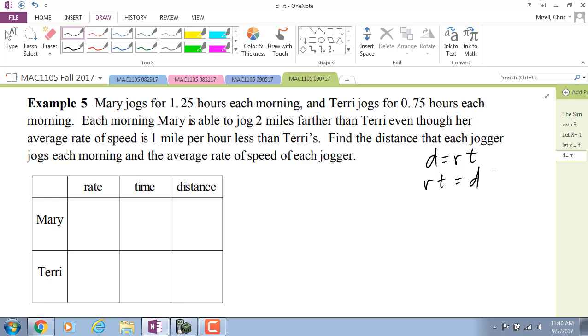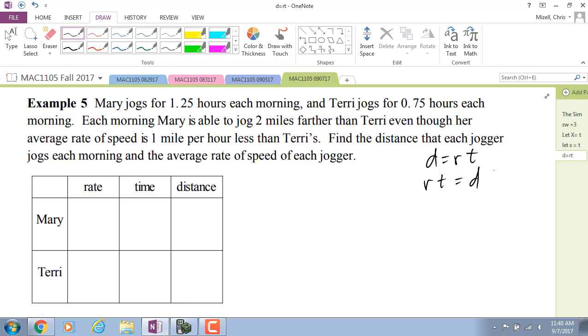Each morning, Mary is able to jog 2 miles farther than Terry. So we've got a relationship between their distances. Mary's average rate of speed is 1 mile per hour less than Terry's. So there's a relationship between their rates.